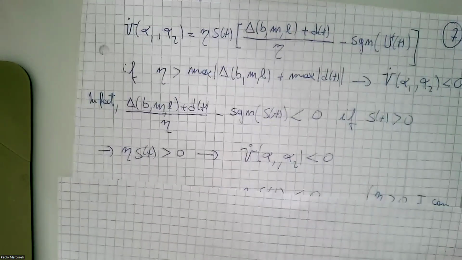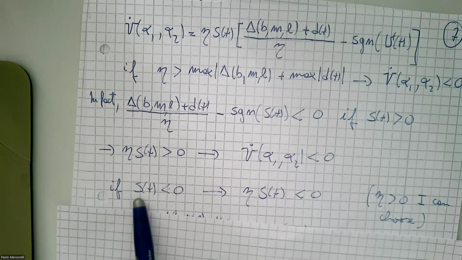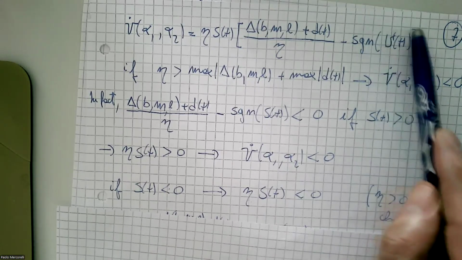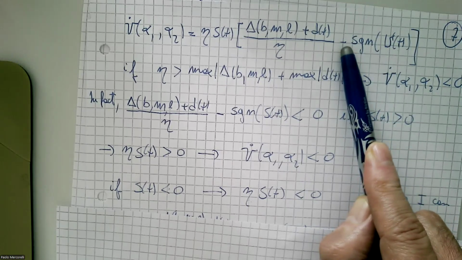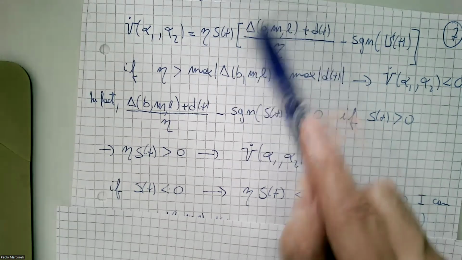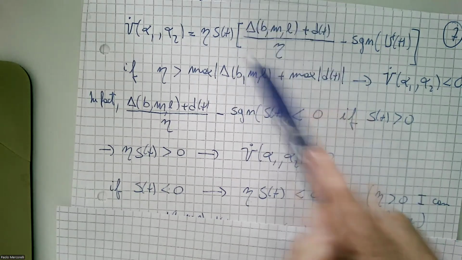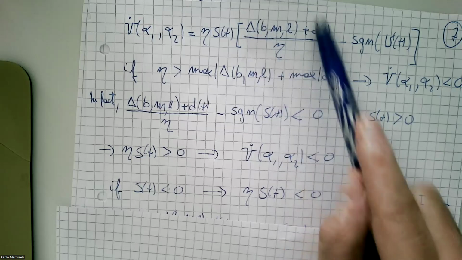What happens if this is negative? If this is negative, this is -1 with minus is +1. Nevertheless, independently of what happens here, this is always positive.